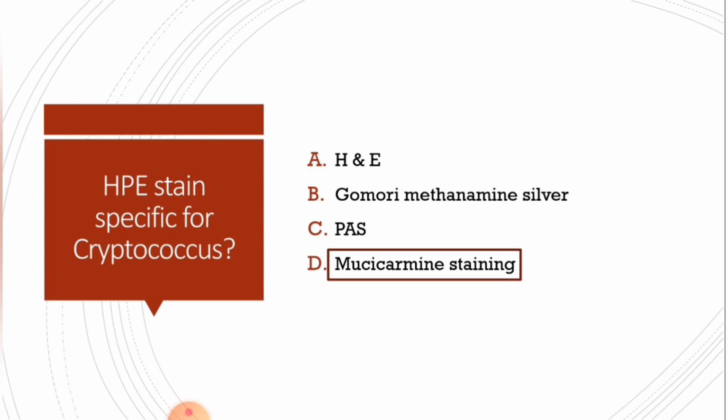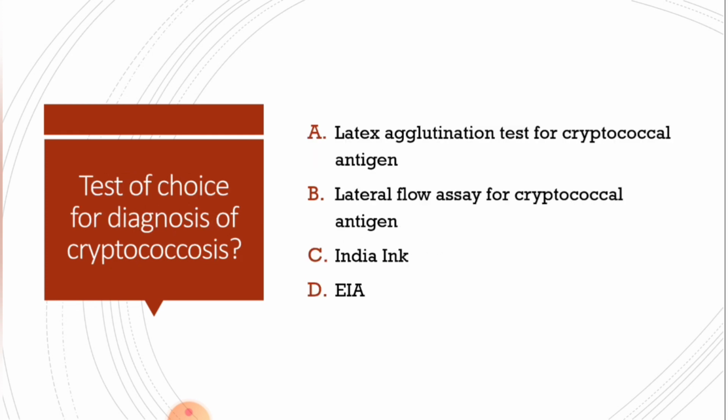Cryptococcus is usually positive for both Gomori methenamine silver and PAS, because the capsule takes up the stain, but again you will not be able to differentiate the various yeasts. So you will do the specific mucicarmine staining, which will differentiate Cryptococcus from blastomycosis as well.